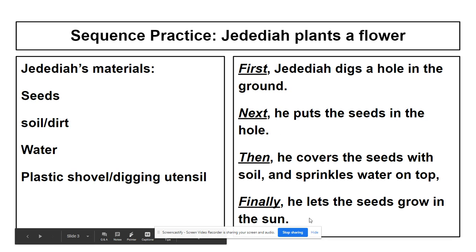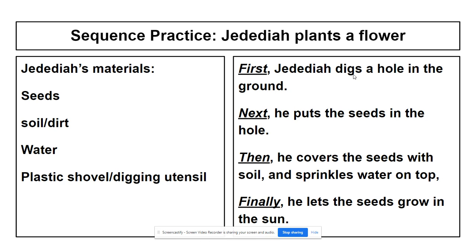In order to identify the events of a story and tell what the actual character is doing, notice that Jedediah is also using verbs. We're seeing the actions that took place that helped Jedediah move forward in his activity. Jedediah digs. That is the action that Jedediah is taking.